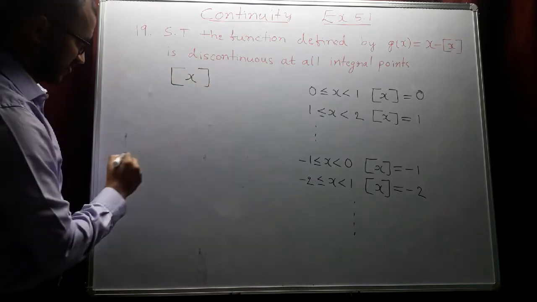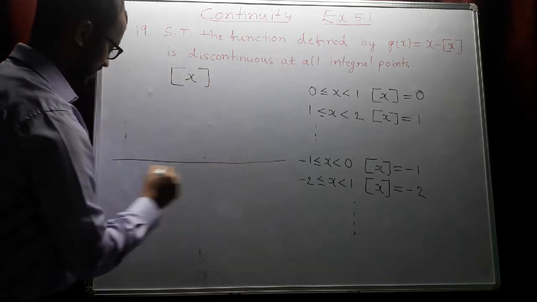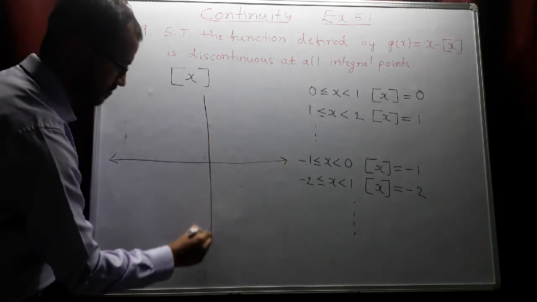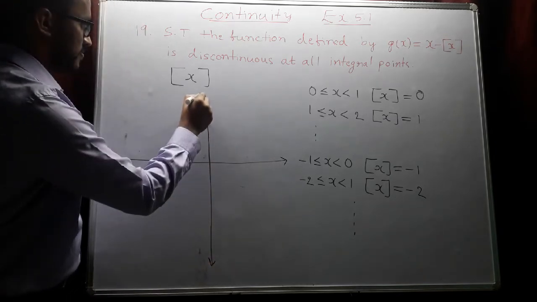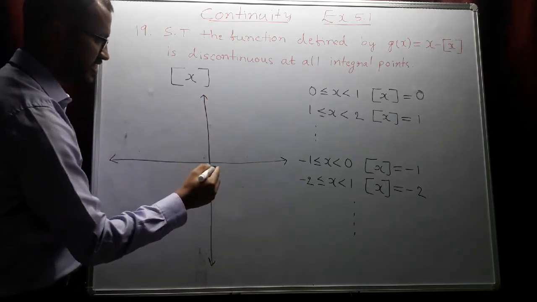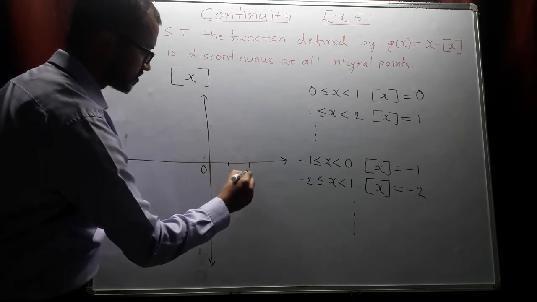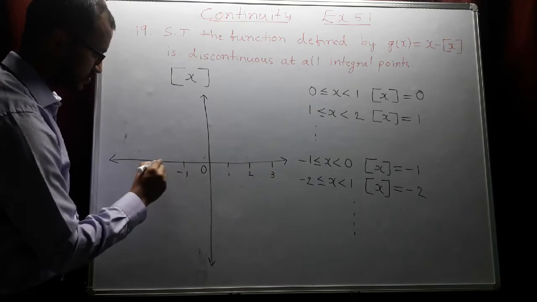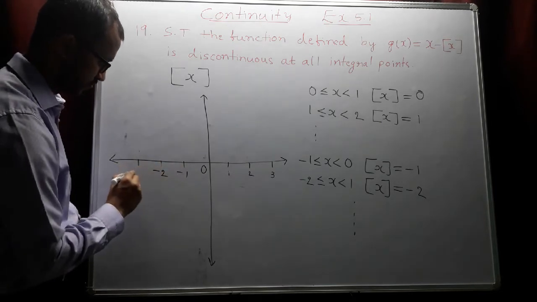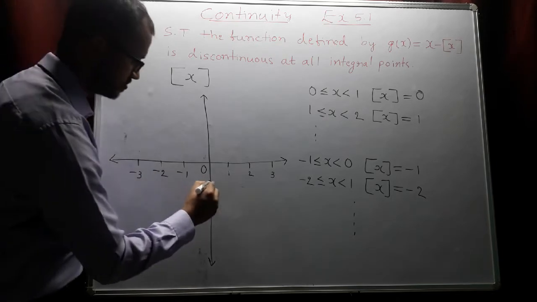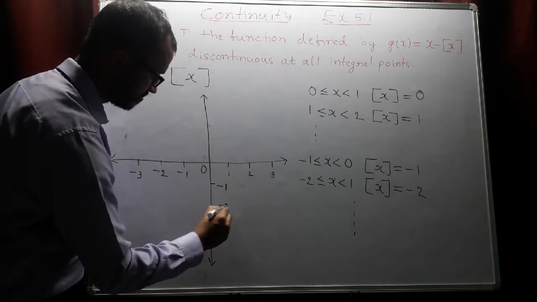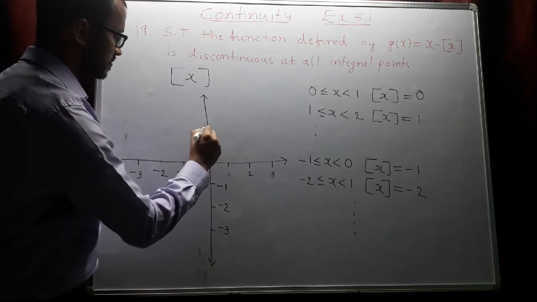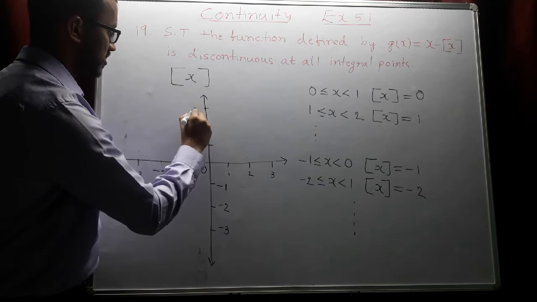If you draw the graph of this function in the coordinate plane, 0, 1, 2, 3, and so on, minus 1, minus 2, minus 3.